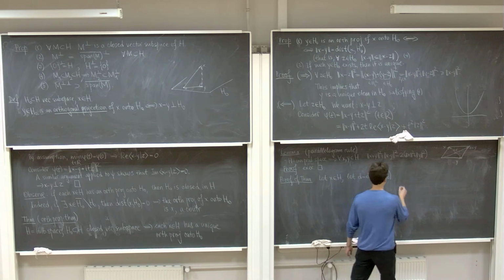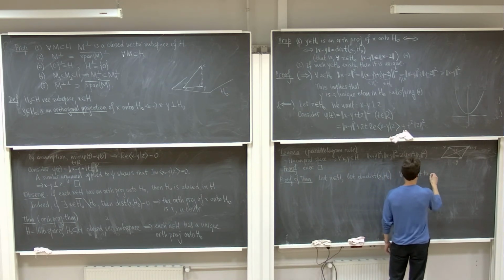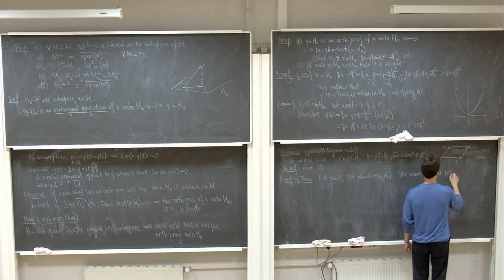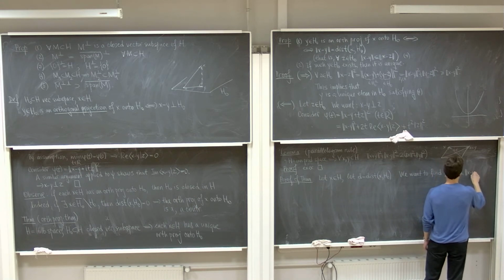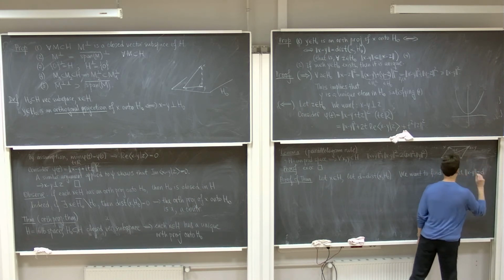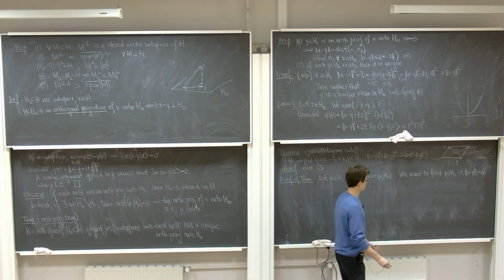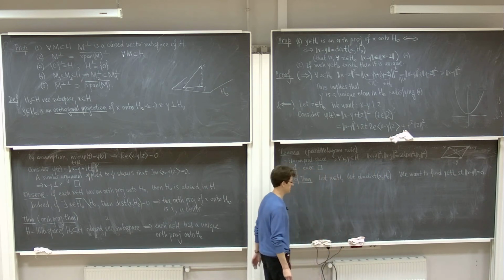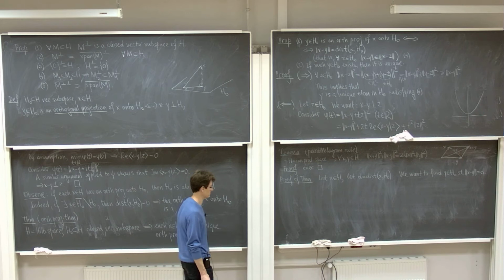So we want to find an element y in H0 such that the following equality holds. So we want to find the nearest point to x. Then the previous proposition will imply that y is indeed the orthogonal projection.